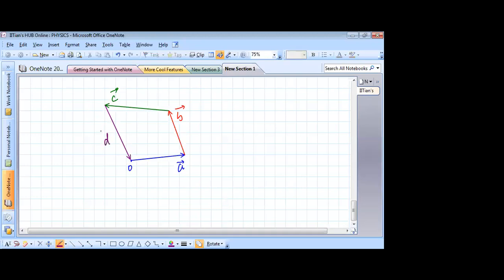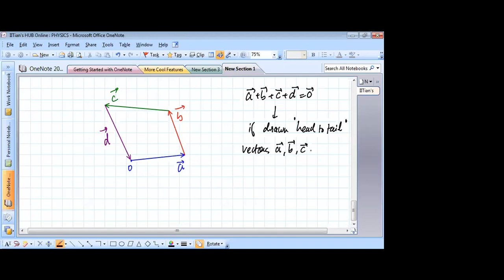So the condition for A plus B plus C plus D to be 0 must be that, if drawn head to tail, vectors A, B, C and D must form the four sides of a closed quadrilateral.